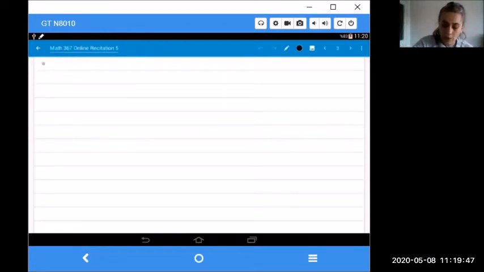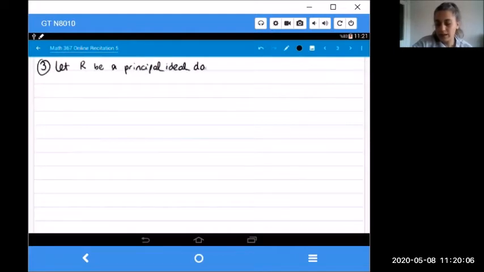Now the third question: let R be a principal ideal domain. Again, this means that every ideal of R is principal, that is, generated by just one element.